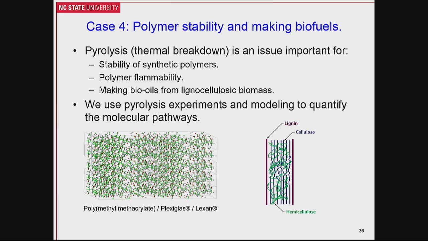And then making bio-oils, most common use right now, most common approach is flash pyrolysis, flash heating. So here with plexiglass, here with lignocellulosic materials, the cellulose representing a very stiff crystalline chain that gives the strength to wood. We will tackle that using experiments and modeling to look at things that are very important to us.